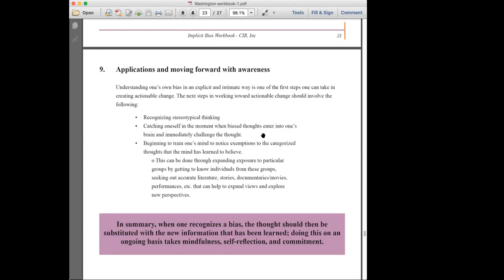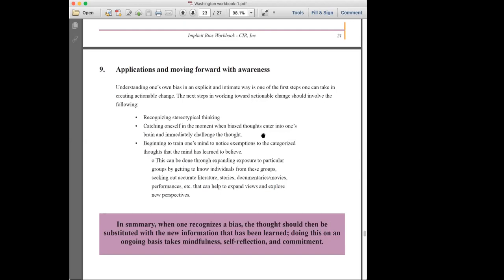Once you have made it explicit, you can recognize within yourself when you start to have stereotypical thinking. Once you catch yourself having stereotypical or biased thinking, you can immediately challenge that thought. Catch it in the moment, challenge that thought.